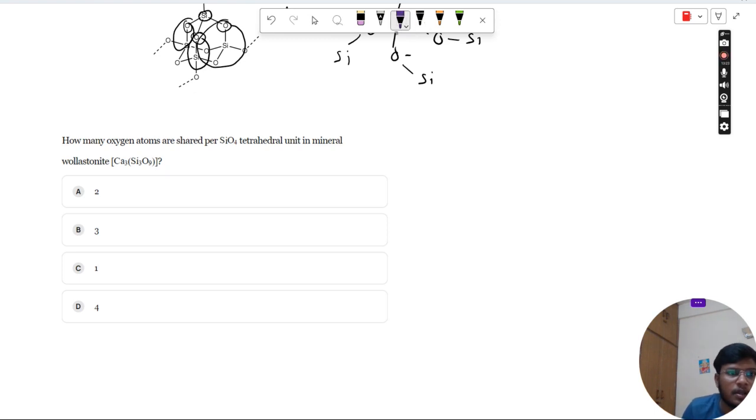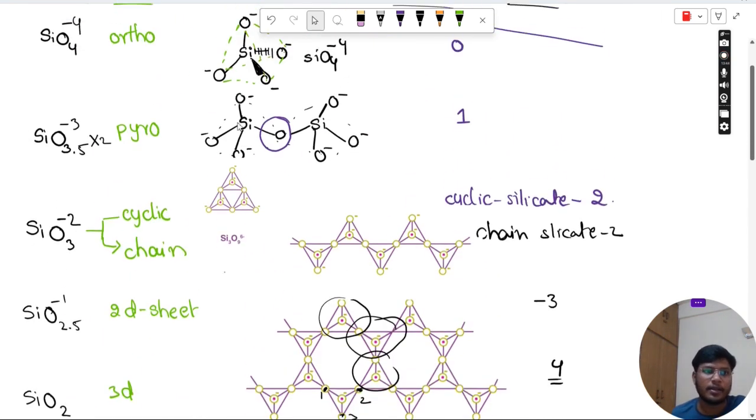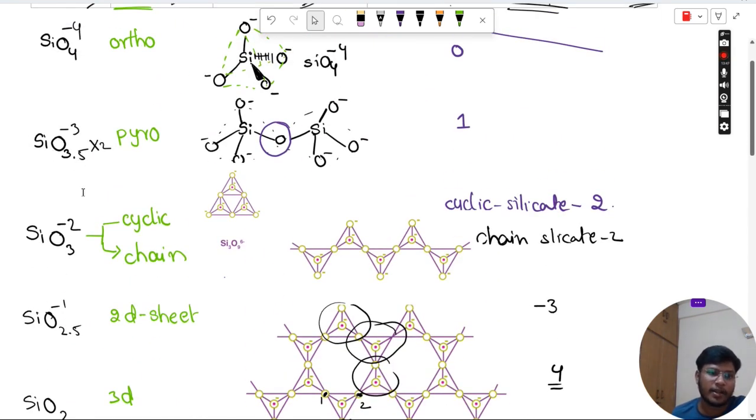The question is, how many oxygen atoms are shared per SiO4 tetrahedral unit in the mineral? The mineral given is Si3O9 with charge negative 6. As we have seen, Si3O9 belongs to, if we multiply this by 3, Si3O9 will come.